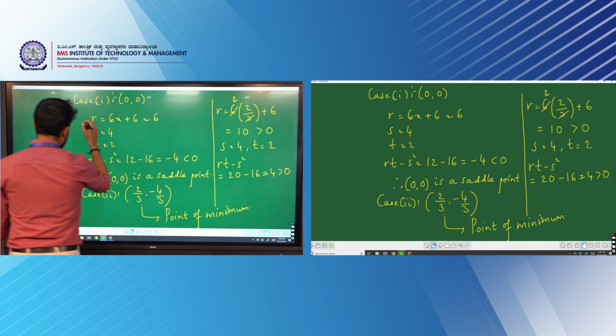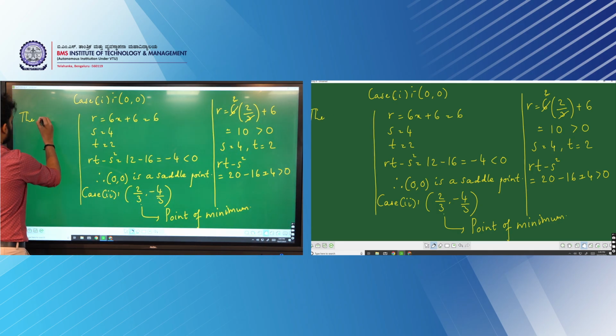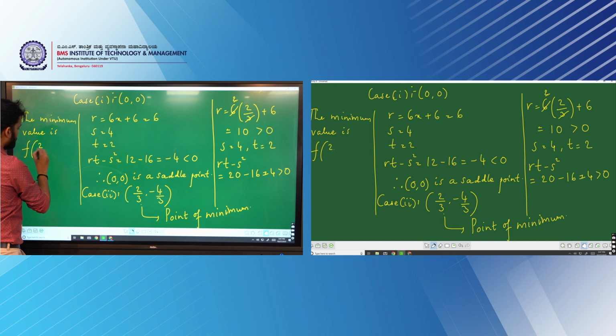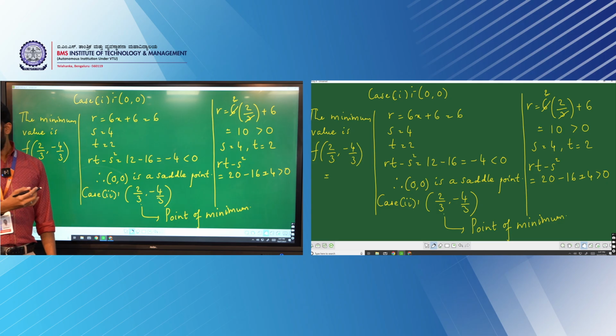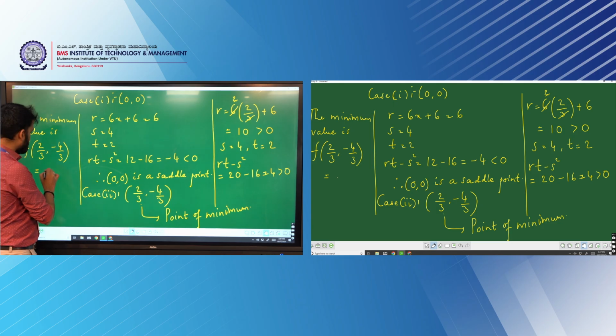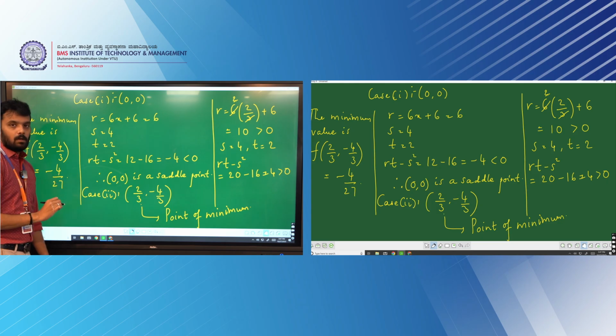So when I substitute the minimum point in the given function, the value comes to minus 4 by 27. So this is the required minimum value. Okay. Thank you.